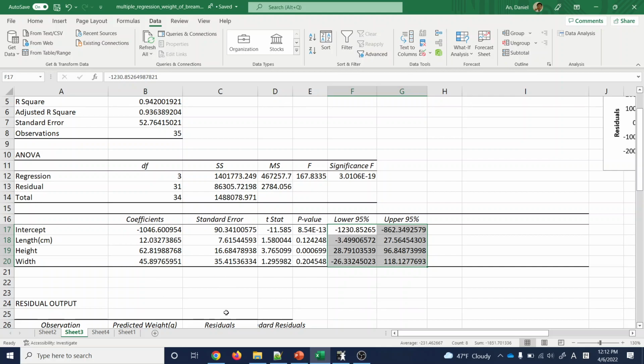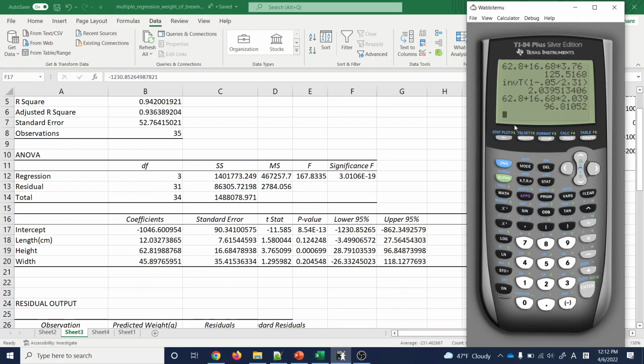If these are given, then you have to use the inverse t to find the critical value and multiply that by the standard error. The coefficient plus or minus the standard error times the t critical gives you the upper bound and the lower bound. So that's how you get the confidence interval. I think we've done that several times, so you already know how to do that.